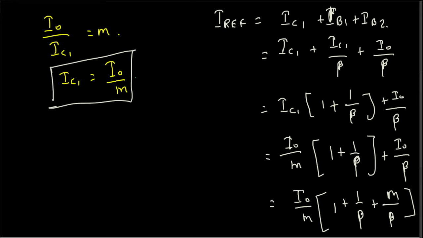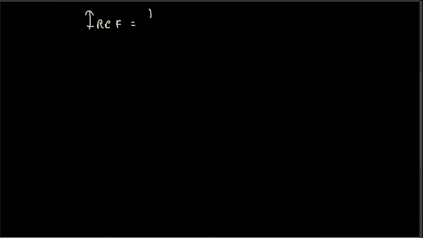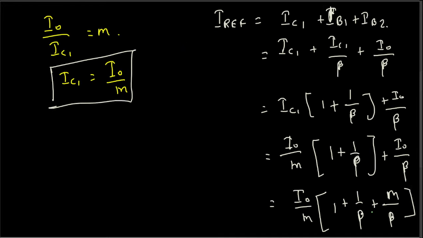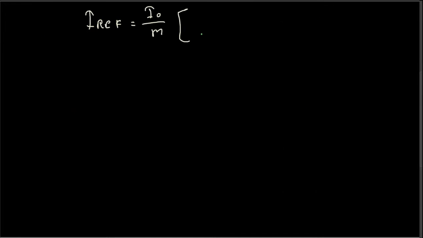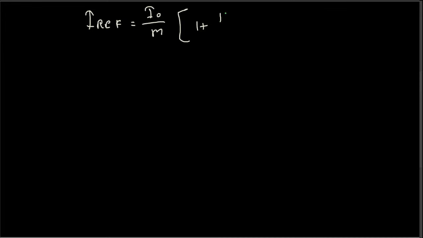So we are just deriving the equation for the I reference. I reference is equal to I0 over M multiplied by 1 plus, beta is common, so we can take it as common denominator, so 1 plus M over beta.